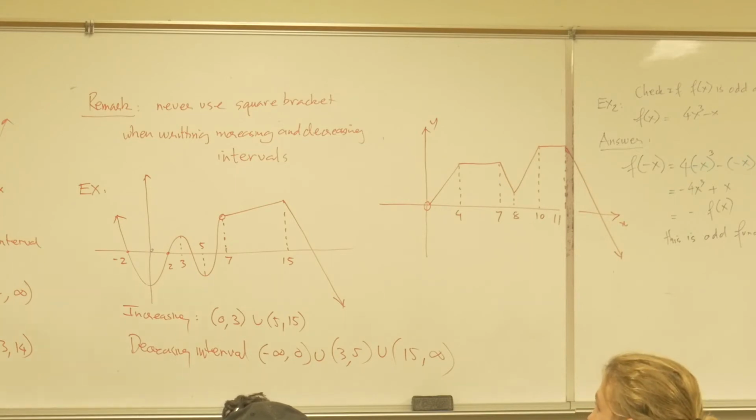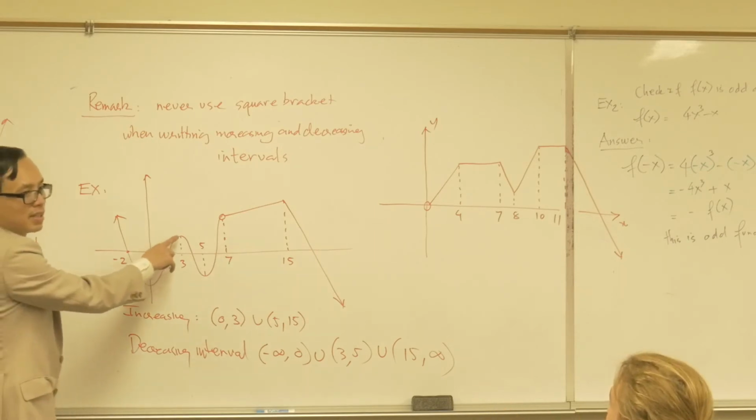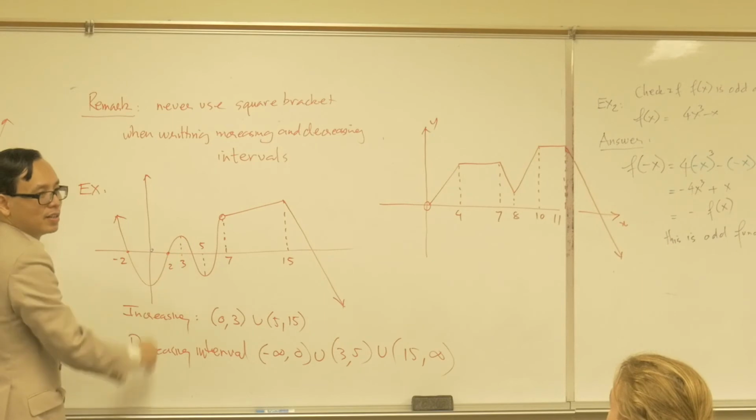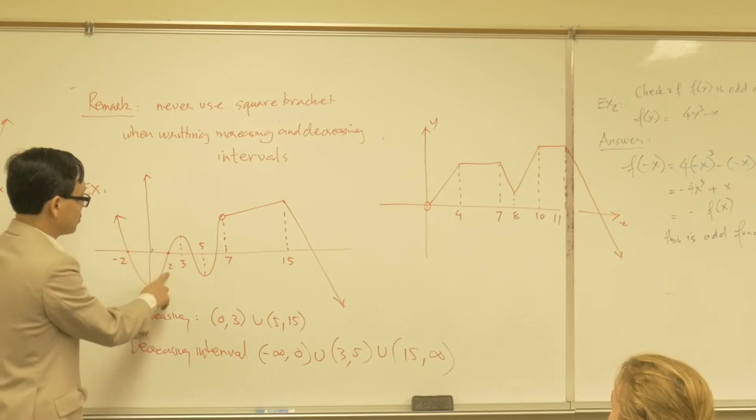I just wrote 7, 8. You can split it up, 5 to 7 and 7 to 15. You can also jump from 5 to 15. That's okay, because we don't talk about domain. If you talk about domain, yes. But this is increasing. So can I put 0 to 2? Yes, it keeps increasing until 3, so you cannot say only from 0 to 2.